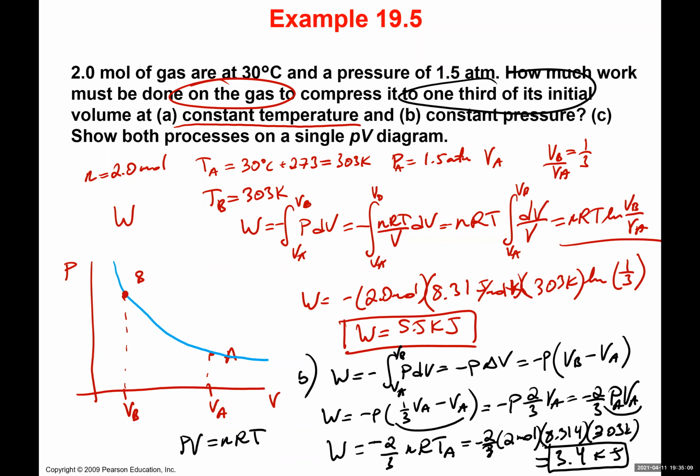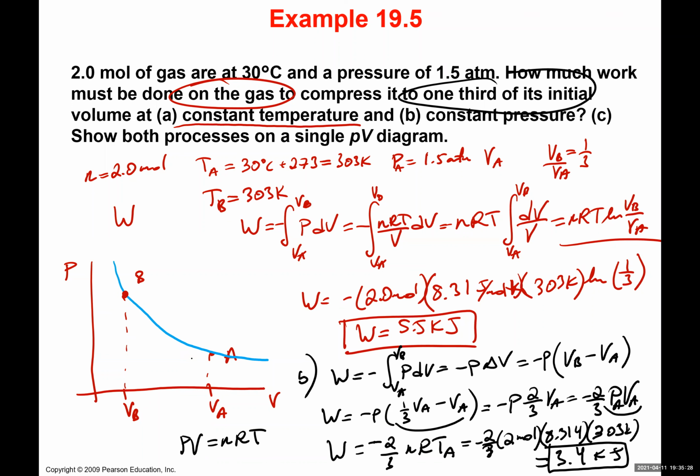And to this diagram here, let's say at this point, for the isothermal process, the volume decreased by 1/3.